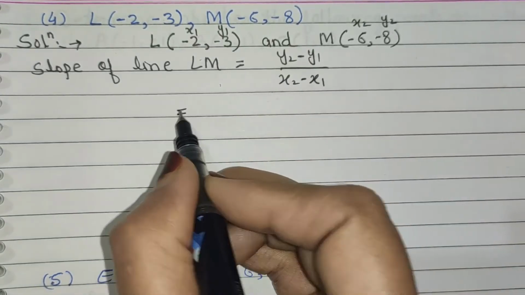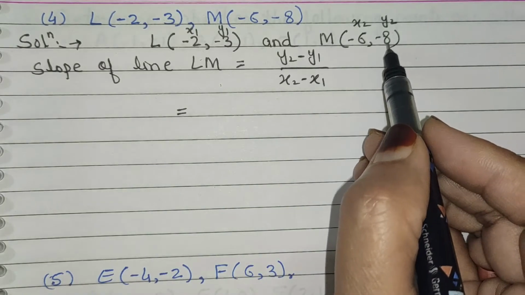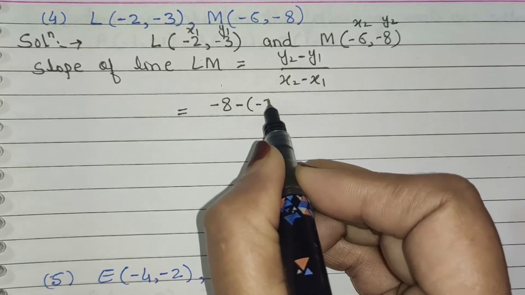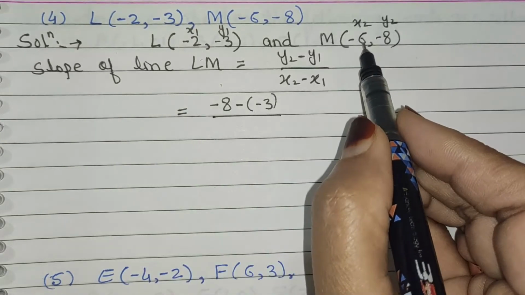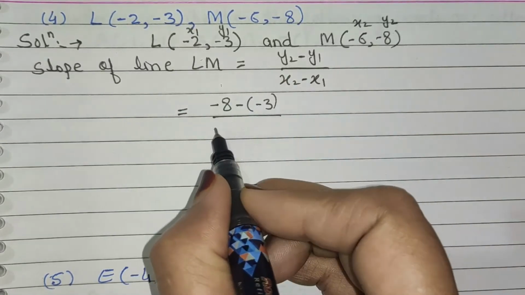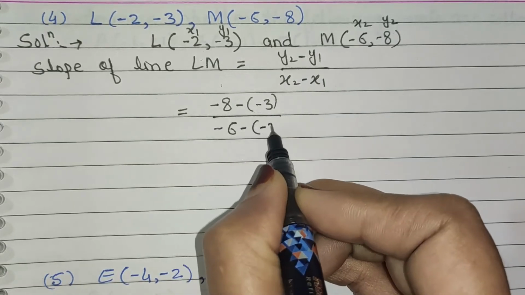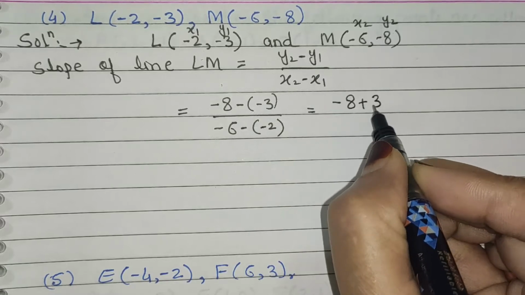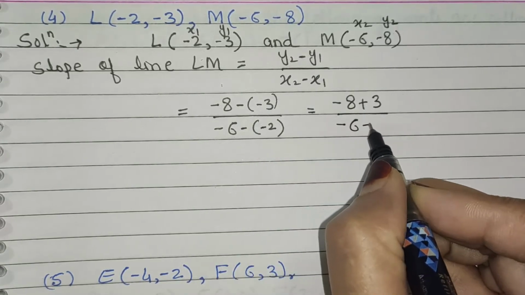Now substituting the values, we get here minus 8 minus of minus 3 upon minus 6 minus of minus 2. Now open the bracket, we get here minus 8 plus 3 upon minus 6 plus 2.